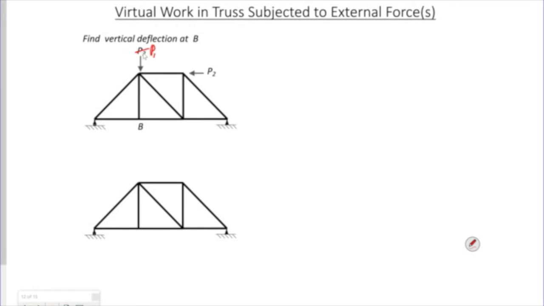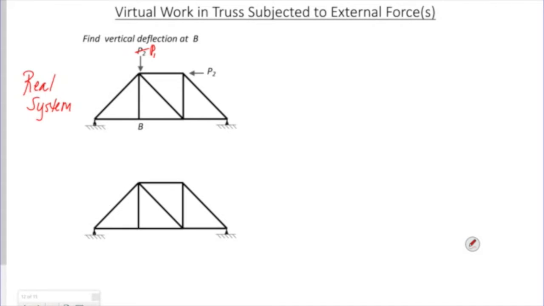And this is my real system, right? It's subjected to these two loads, P1 and P2.